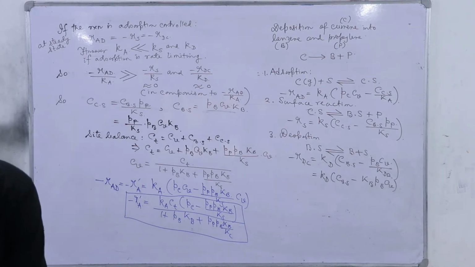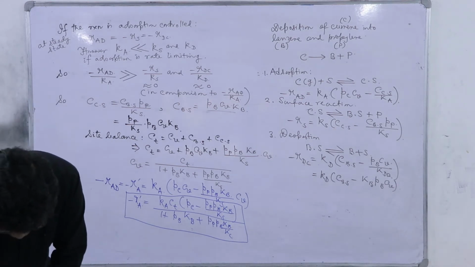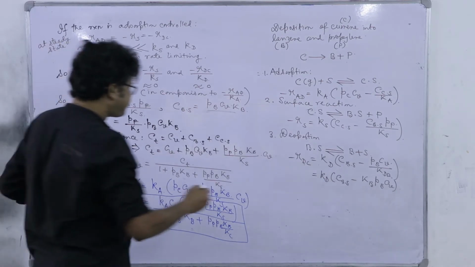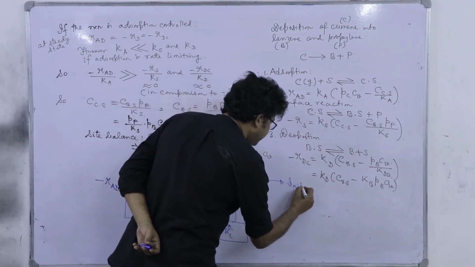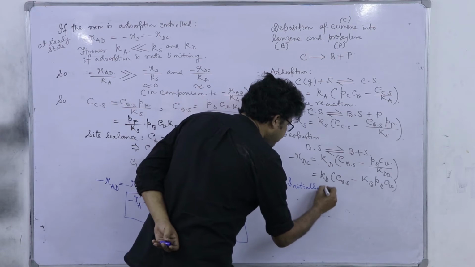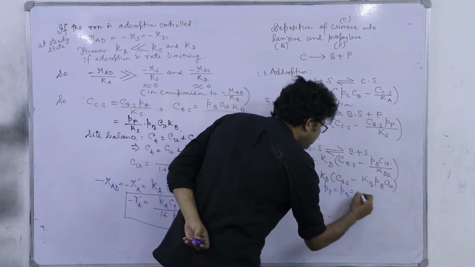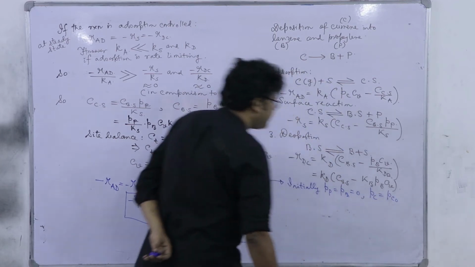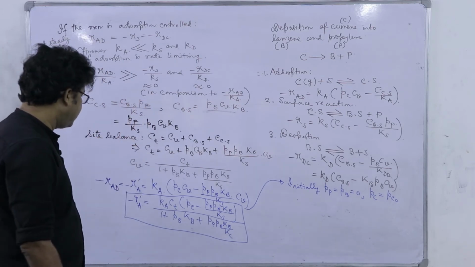So, initially you see there is a big expression here. Initially PP and PB are 0. We have only PC equal to PC naught, right. Only cumene is there.